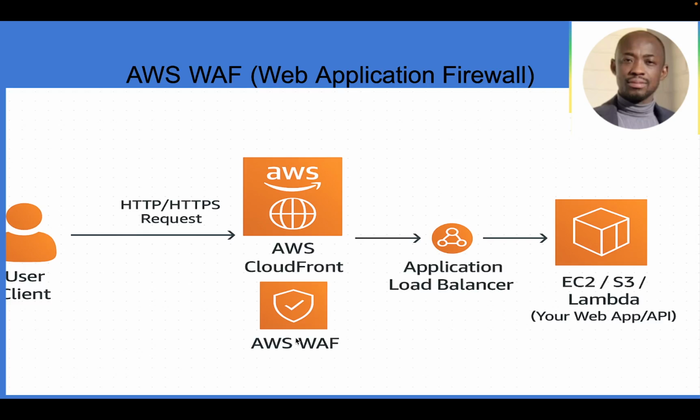The rules perform the analysis to reject, count, request a captcha, and so on and so forth, before the request is sent to your backend resource or your application. So at a higher level, this is what we're trying to achieve: you analyze the request and either allow, block, validate, or request a captcha.